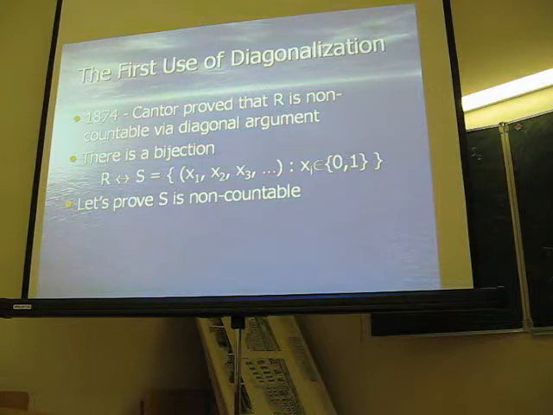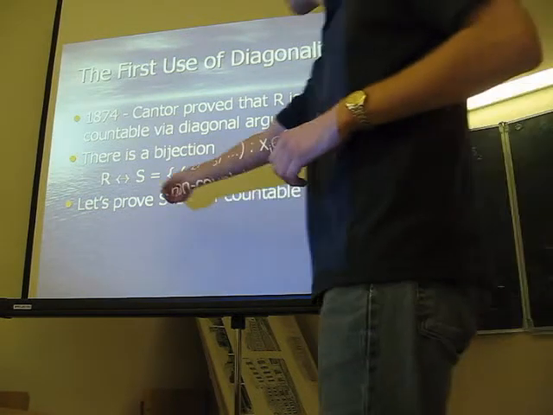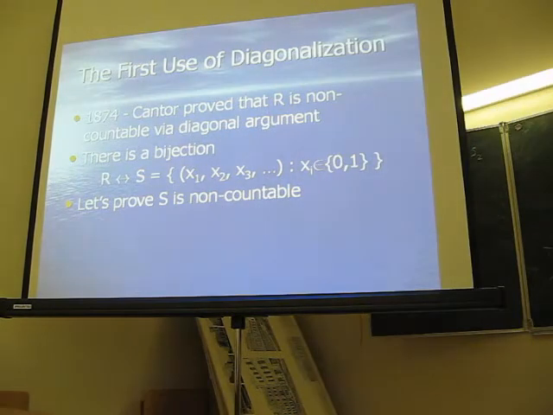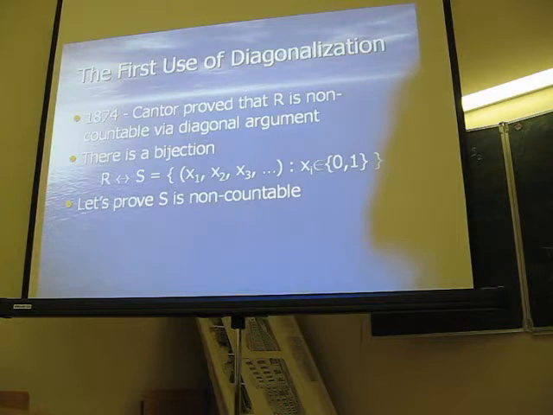It would be more convenient to work not with the set of all real numbers, but with the set S of all infinite strings over a binary alphabet. One may see that there is a bijection between these two sets. So let us show that S is non-countable, and this would imply that the set of all real numbers is non-countable.